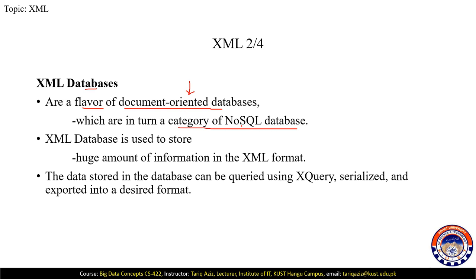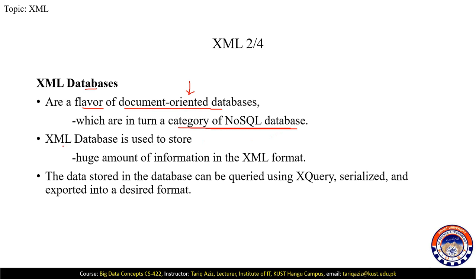With respect to NoSQL databases, we discussed four to five types. One of them is the document-oriented database, another is the graph database, the column based database, and the key value based database. We already discussed all these NoSQL databases in detail in the previous lecture. I would suggest that you revise your concepts regarding all these databases. But with respect to XML database, it is a flavor of the document-oriented database, and the document-oriented database is basically a category of NoSQL database.